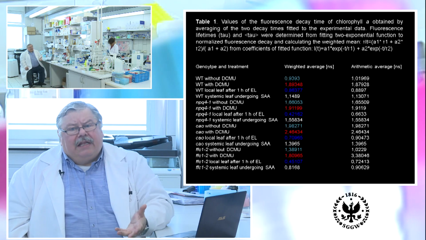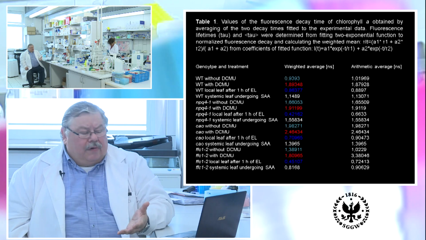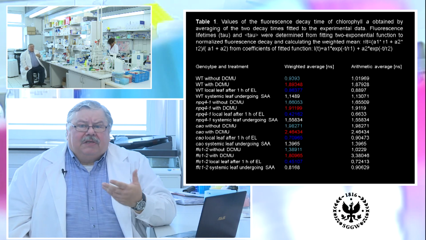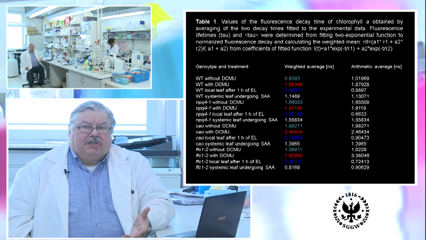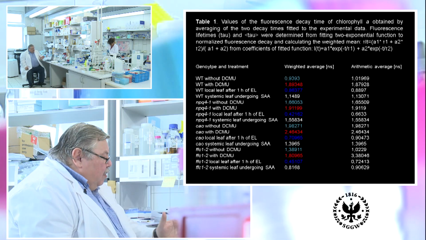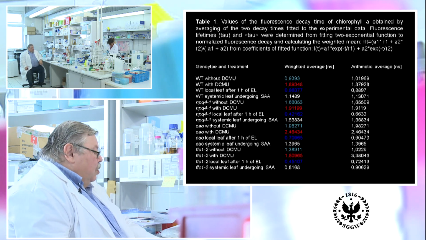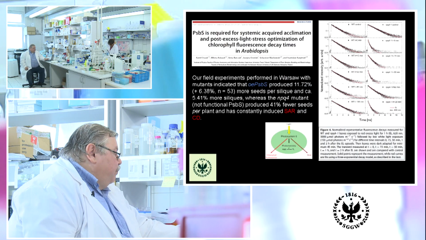That there is less energy dissipated by the fluorescence if the time is longer, and a shorter time means more energy dissipated by the fluorescence. And we can see the clear differences between the local and systemic leaves, and between the NPQ mutants, wild type and other photosystem II antenna mutants.